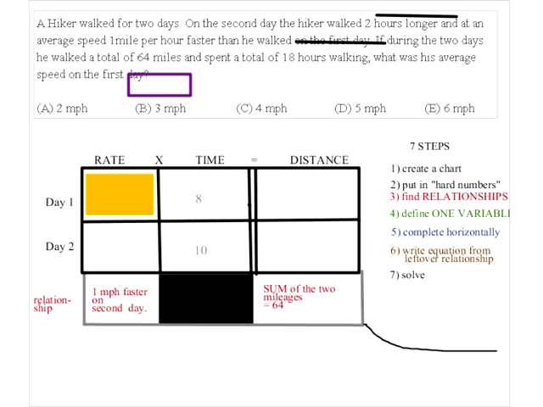So does anybody know, if we decide to define our variable based on this instead, who knows what I would call these if I'm going to define a variable based on the sum is 64? If I called this D, then what would this be? Anybody know? Yeah, D and 64 minus D. Well, 24 and 40 is once you've solved the problem.